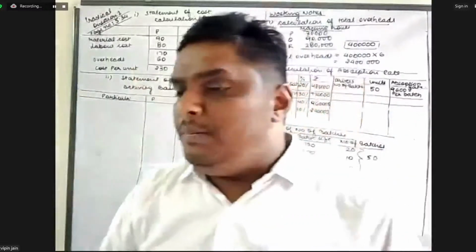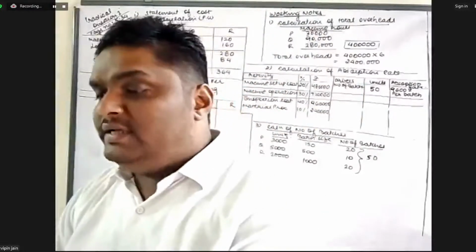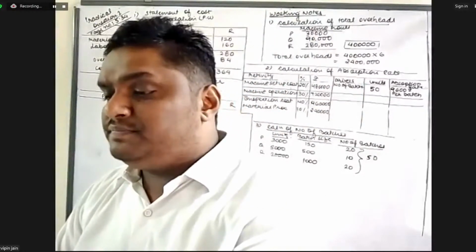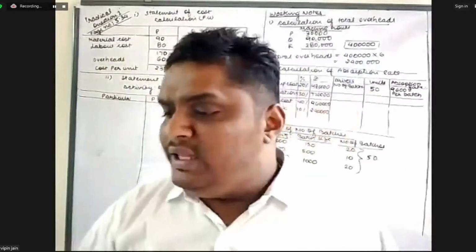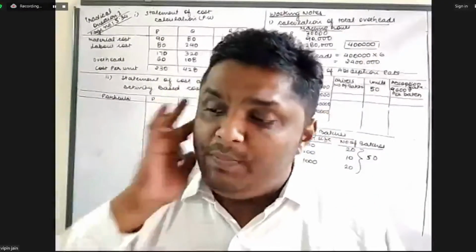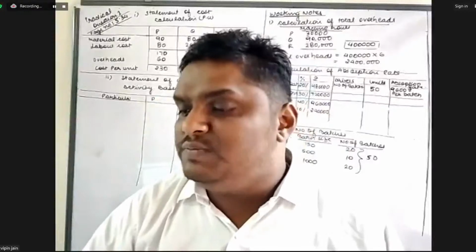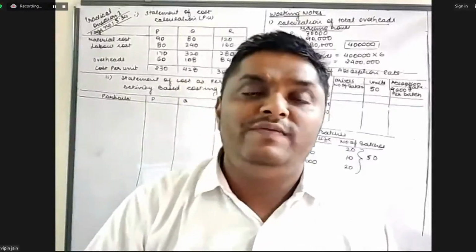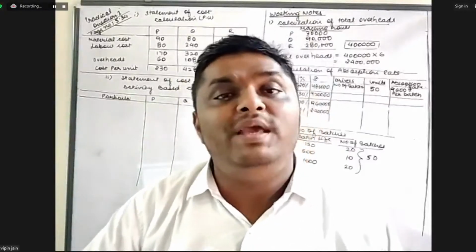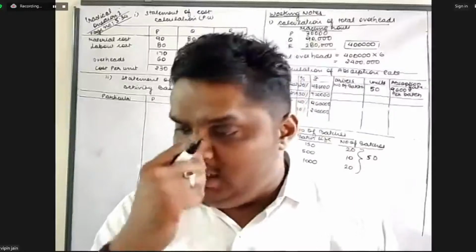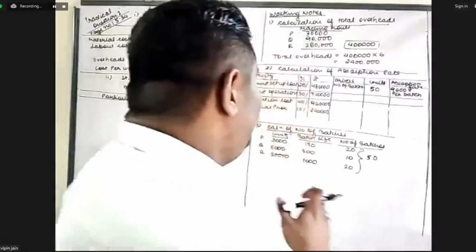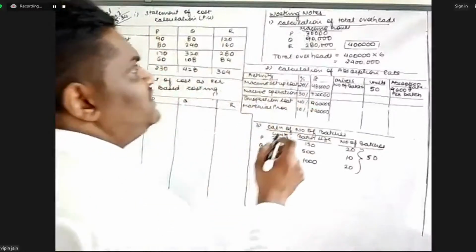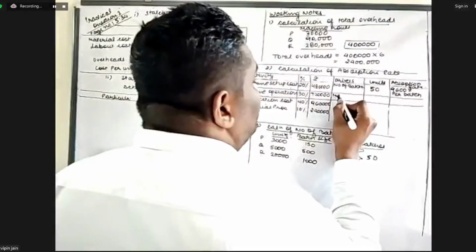Now next is machine operation. Herein, machine operation has nothing to do with batch size, purchase order, and inspection. So we can say machine operation can be absorbed on the basis of number of machine hours. So herein, this is the most appropriate basis of absorption.